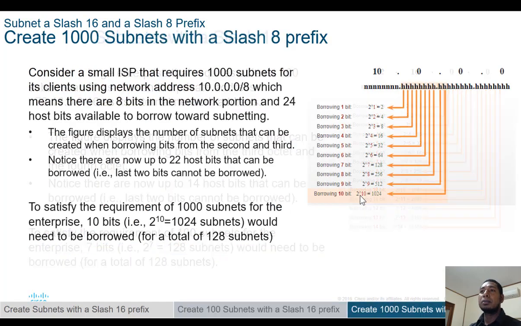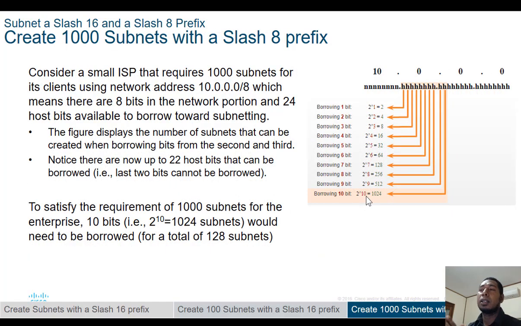Okay, so we are working with the boundaries. The last example, creating 1000 subnets with a /8 prefix. Again, same idea here. You start borrowing from the left, making your way across to the right, and then you see how many bits. 2 raised to what number of bits will give you at least 1000 subnets, not less, and not exactly 1000, but at least 1000.